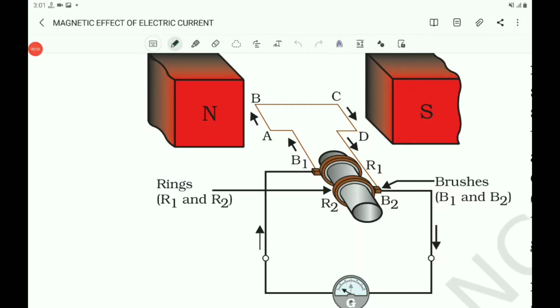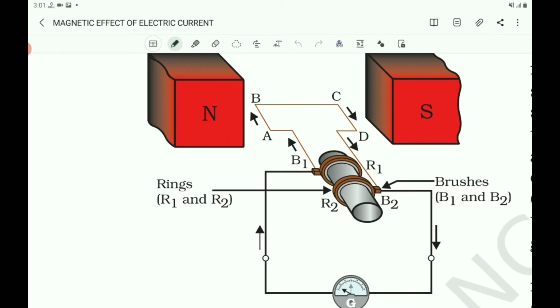Children, it is a continuation of the chapter Magnetic Effect of Electric Current. We already discussed the induction of current and also electromagnetic induction. So, what are the different ways to induce current in a coil? Mainly, there are two methods.